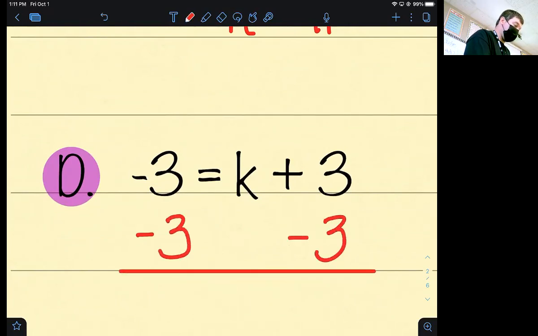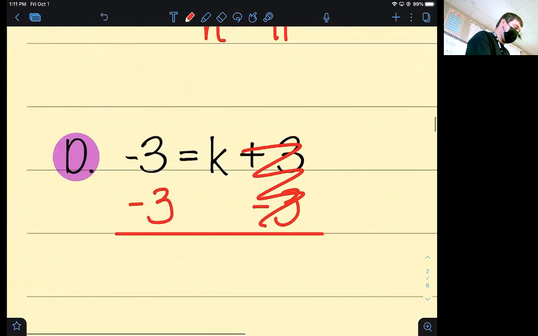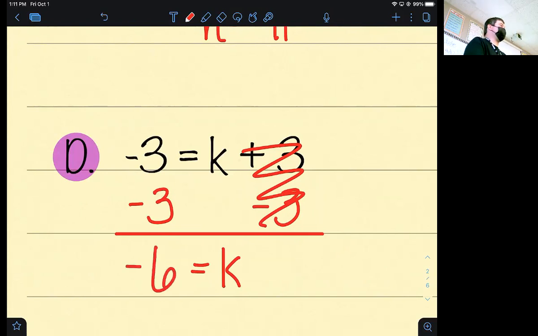That'll make the positive 3 go away. Now we just have k. So the variable's been separated. And then on the left side, Emerson, -3 and -3 makes -6. Yep, same signs, keep the sign and add, -6.